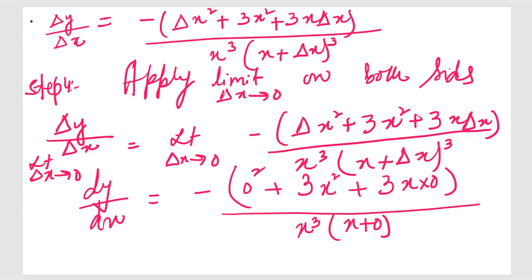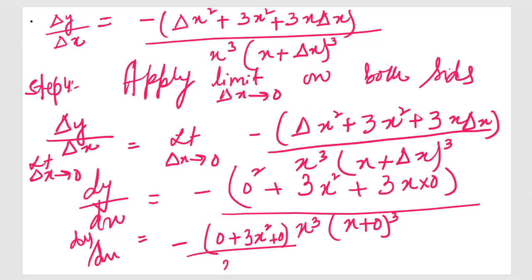In the denominator, (x plus 0) whole cube. So dy by dx is equal to negative, this is 0, and here we have 3x square, again this is 0. In the denominator we have x cube and then multiplied by x plus 0, which is equal to x, so it means multiplication, x cube into x cube.